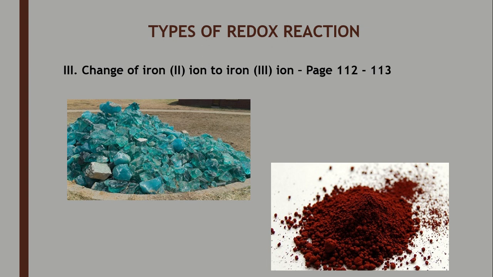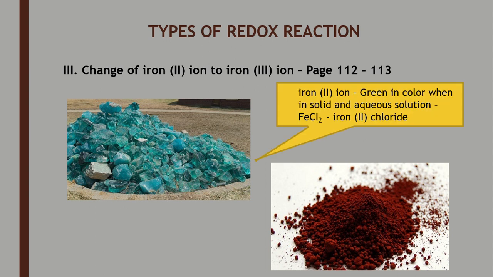Okay, so this is the iron 2 and iron 3 ions, the color of the ion. The first one, iron 2 ion, is green in color when in solid and aqueous solution. For example, iron 2 chloride.